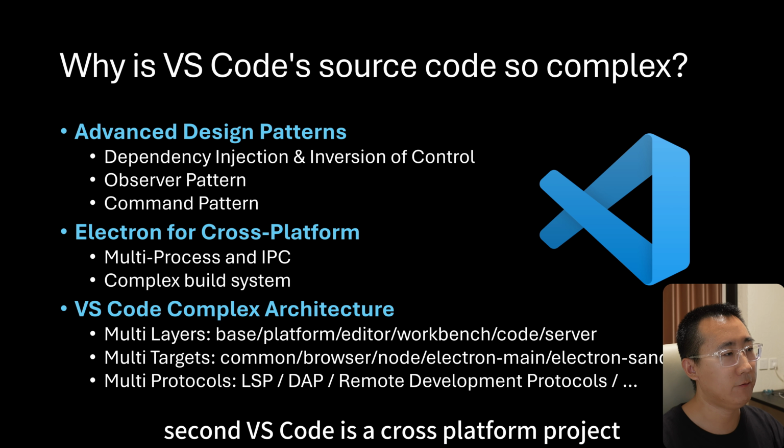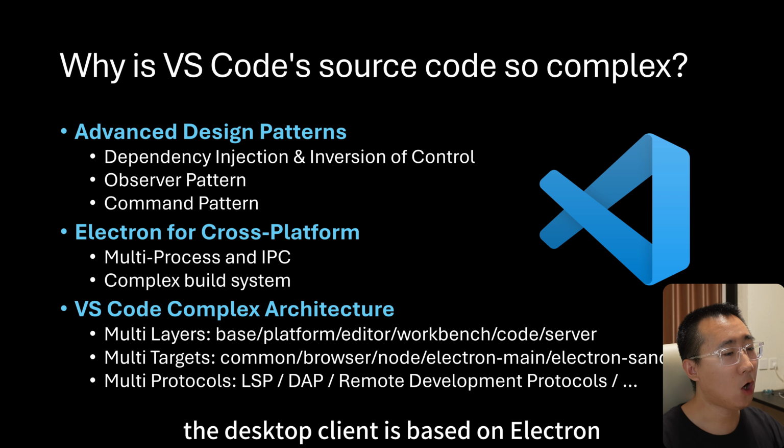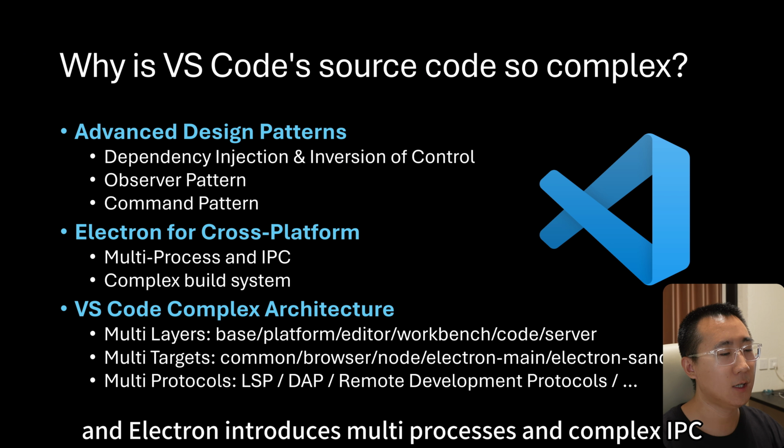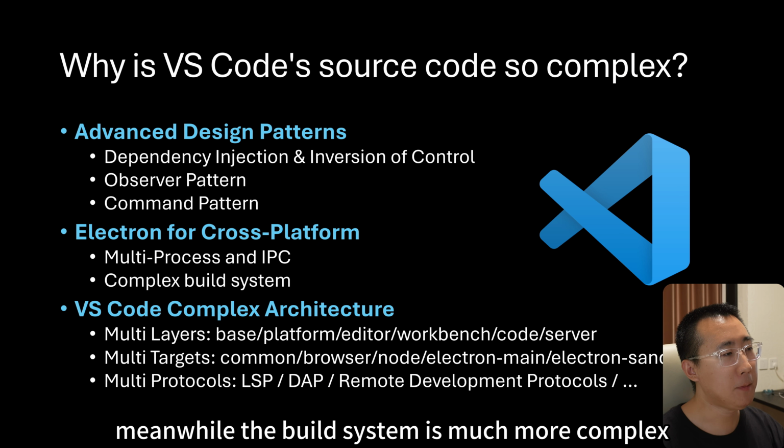Second, VS Code is a cross-platform project. The desktop client is based on Electron, and Electron introduces multi-processes and complex IPC. Meanwhile, the build system is much more complex.